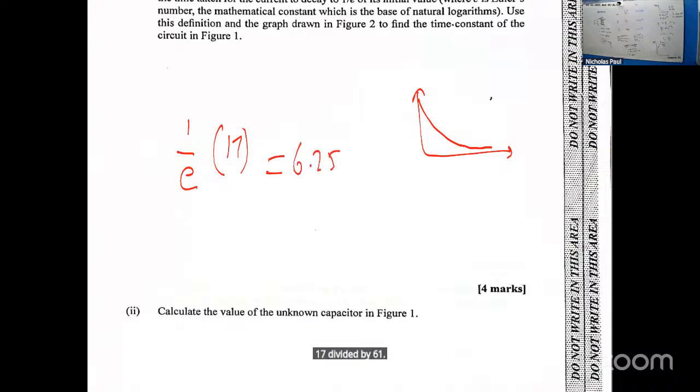For somebody who plotted the graph, tell me what 6.25 corresponds to. Go across and come down and tell me what time it is. 6.1, close to 6. All right, so let's say about 6 seconds. So the time constant tau is about 6 seconds.